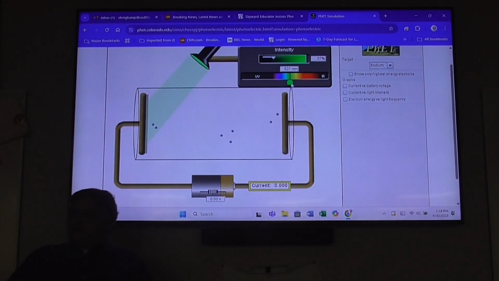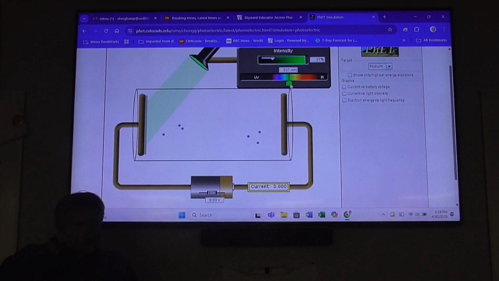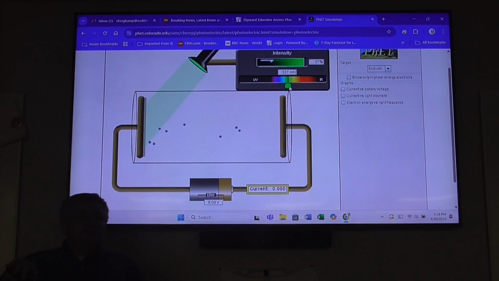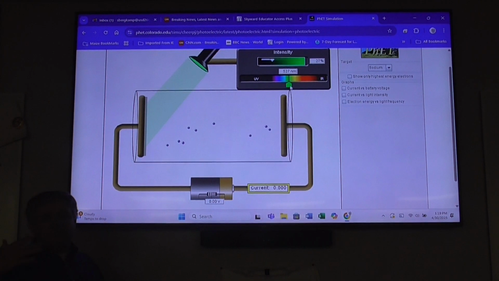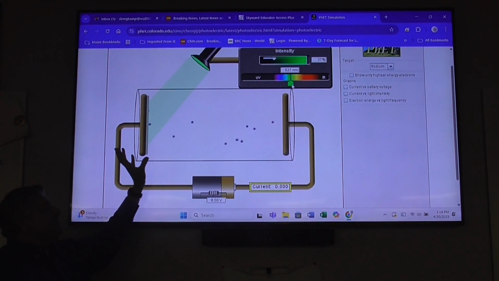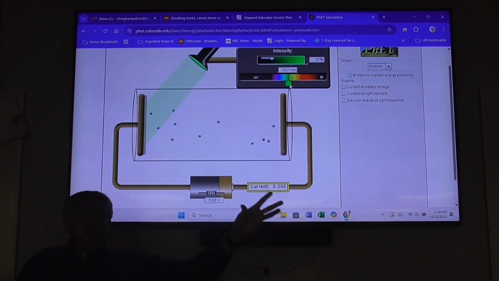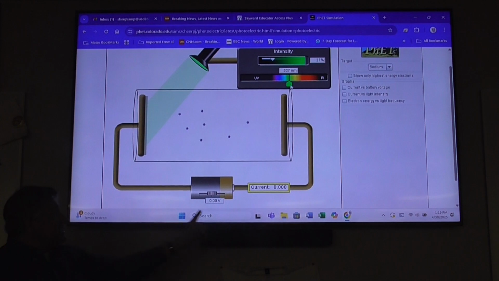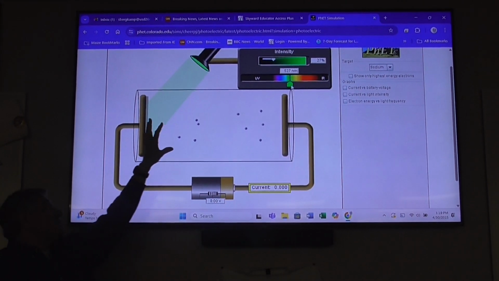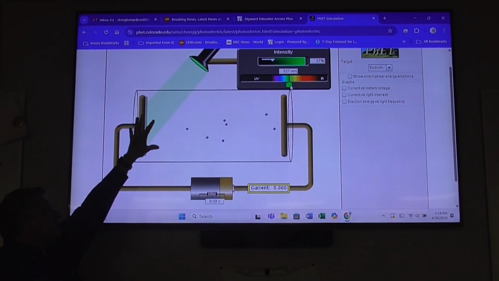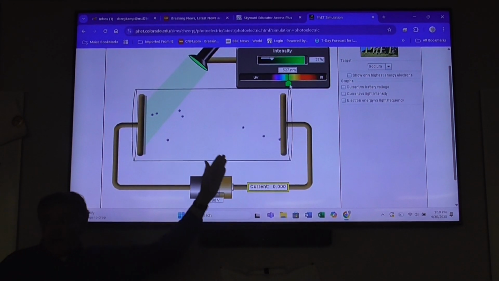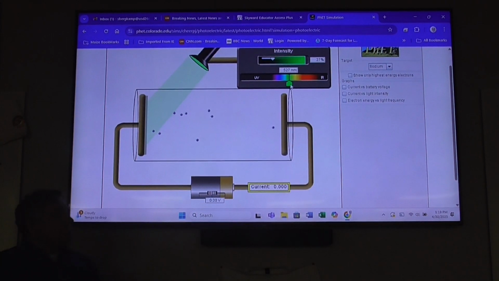You are not actually going to be able to see the electrons. What you're going to be able to see is a current going across. You're going to be able to detect a current going through that loop. Those electrons get kicked out by the photons, they leave and go, hey, we're out of here, and then they go across.